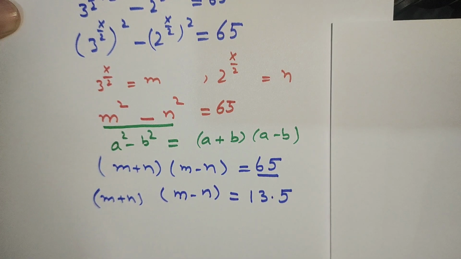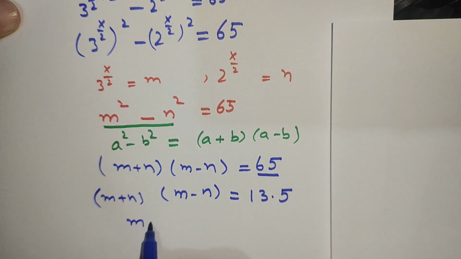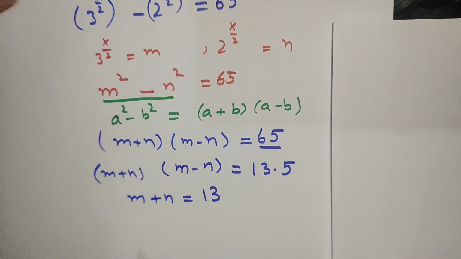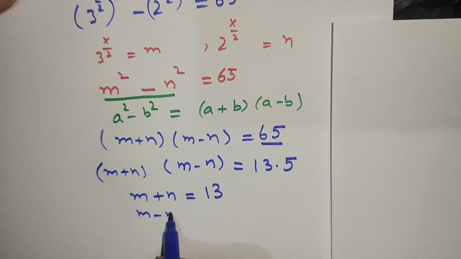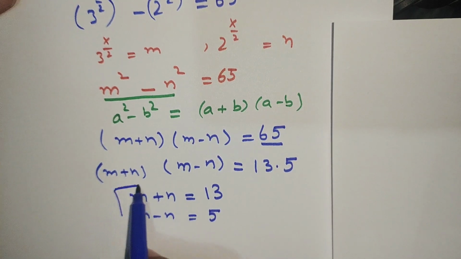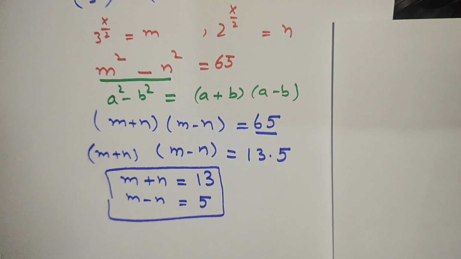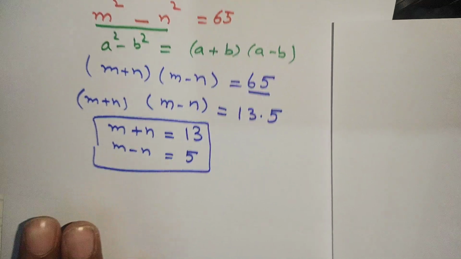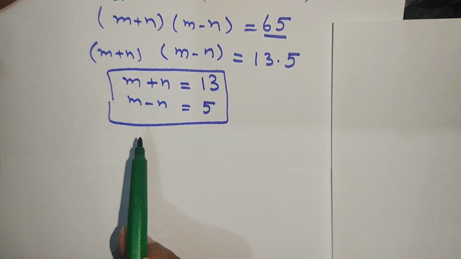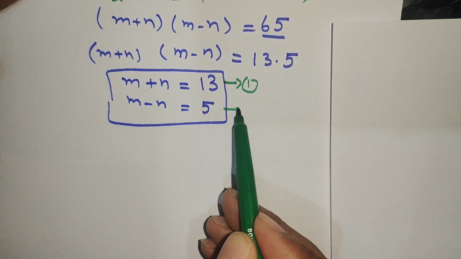From here we can easily deduce that m plus n is equal to 13 and m minus n is equal to 5. So we have these two deductions from here. Now if we proceed further, this is our first expression and this is our second one.